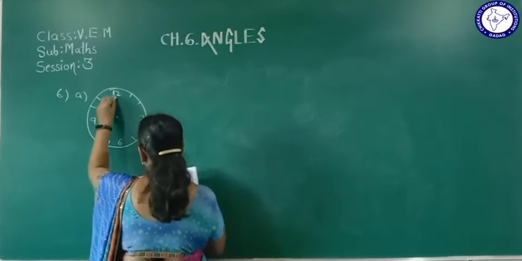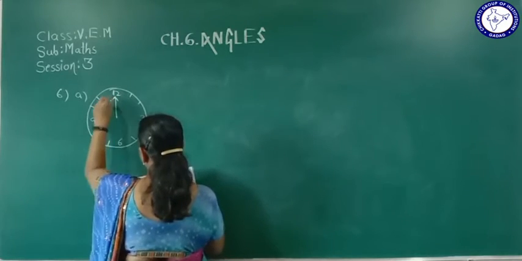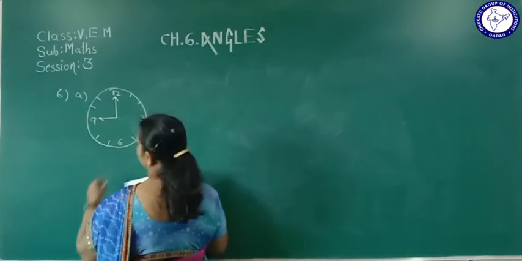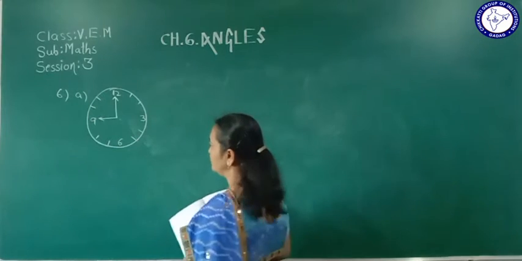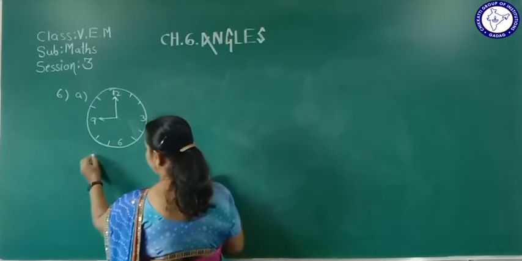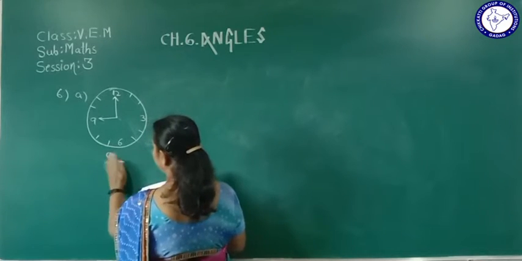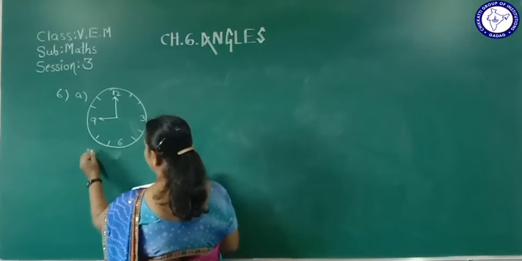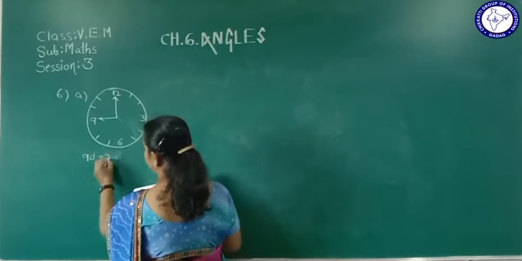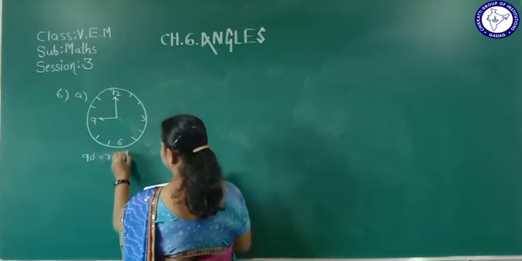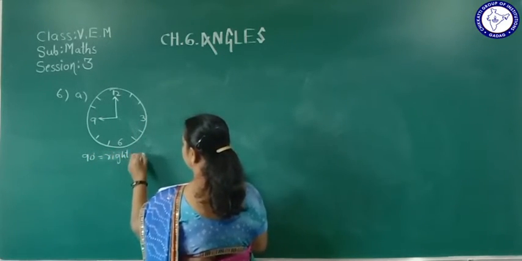So here this is the minute hand and this is the small hand. So here this angle is 90 degree. Which type is it? Right angle. This is a right angle. Okay.